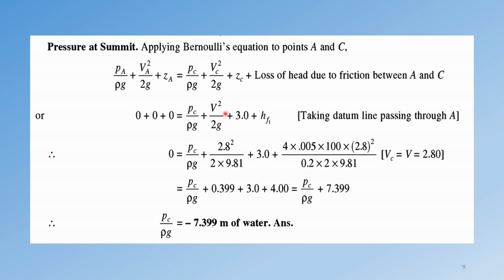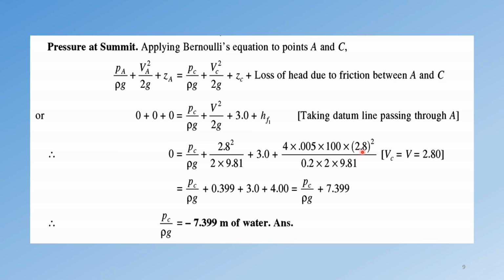And V we have just obtained, that is 2.8. So 2.8 square by 2 into 9.81 plus 3. Again, we already used HF in the first part, so we will use HF1 here. By Darcy's Weisbach equation, 4FLV square by 2GD: 4 into f, which is 0.005, L is 100 meters, the length of the pipe between A and C, which is given in the problem.